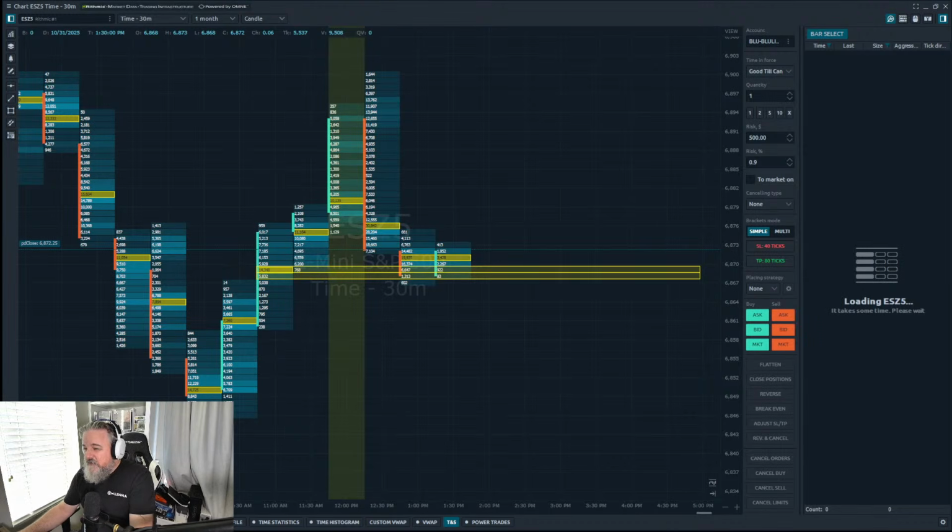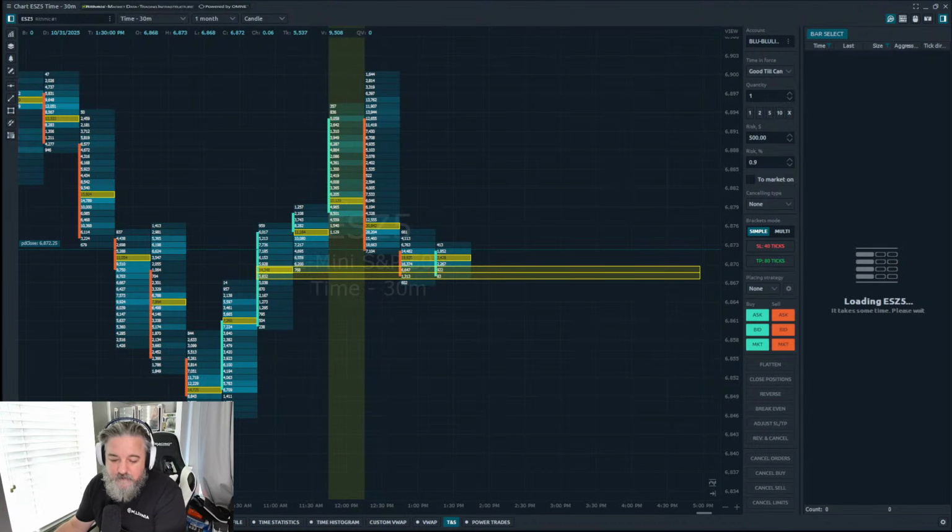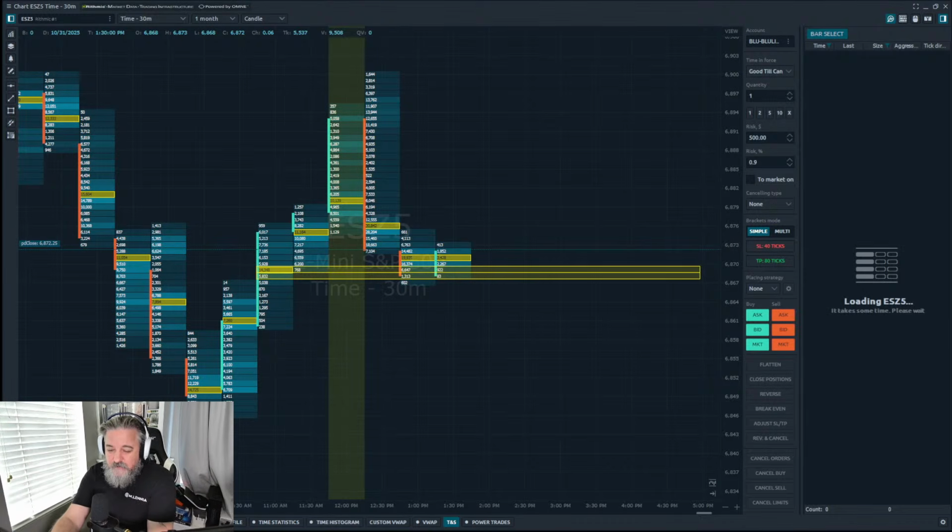Just to show you guys, I've been working on it over the weekend, trying to get everything set up, because I think it'll be helpful for a lot of people who don't have a PC, don't have a way of running Quantower, or don't want to spend the $35 a month or whatever it is for the footprint charts.